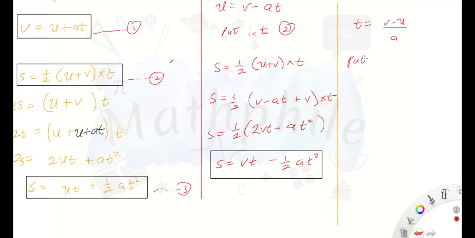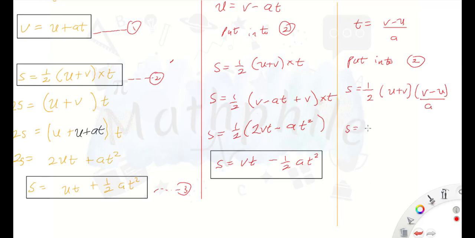So put this into equation two. I think your difference of two squares should be very sharp over there. U plus v multiplying v minus u. Do you see any difference of two squares over there? Yeah.